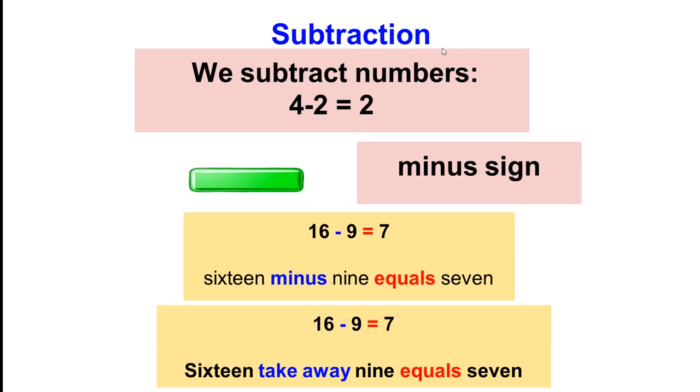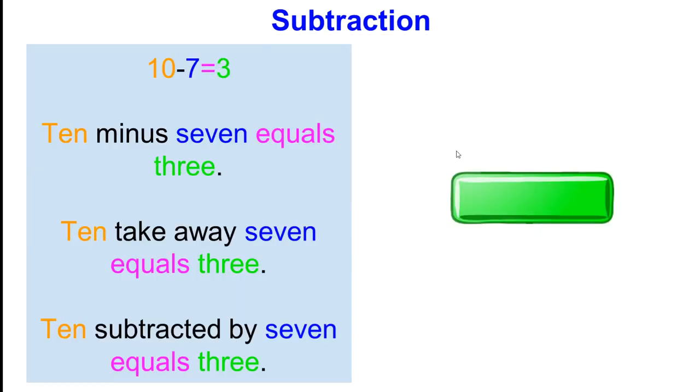My operation is called subtraction, but when reading, we say minus. Here's another example. You can see our numbers 10 and 7 and 3. We say 10 minus 7 equals 3, or 10 take away 7 equals 3. Or sometimes you may also hear, or you can say, 10 subtracted by 7 equals 3.